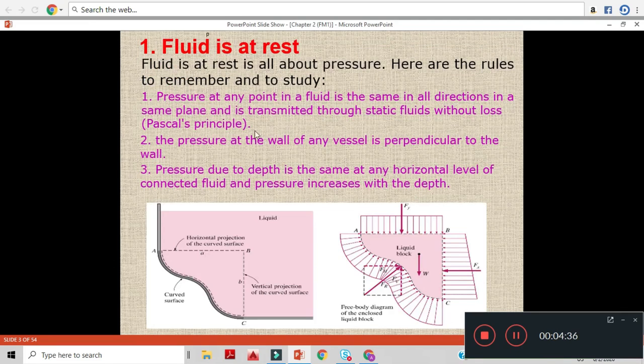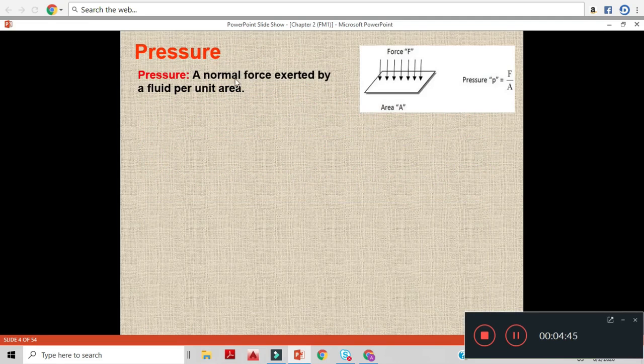So in fluid statics we mainly talk about pressure. So let's see what pressure is. Pressure is the normal force exerted by a fluid per unit area. If you say pressure equals force per unit area, this is not the appropriate definition.